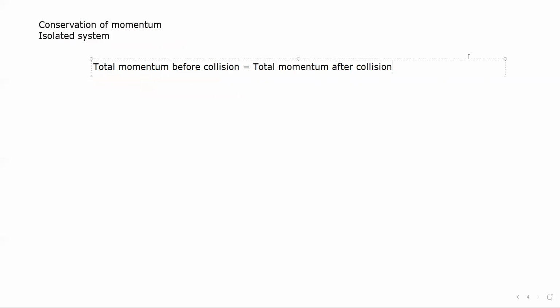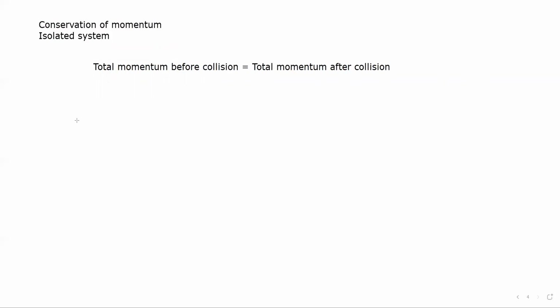So in an isolated system, the total momentum before collision is equal to the total momentum after the collision.